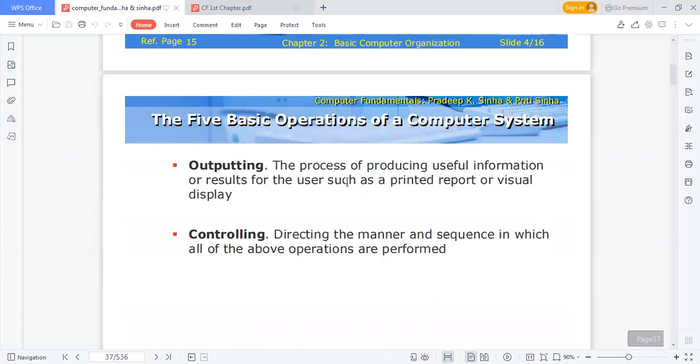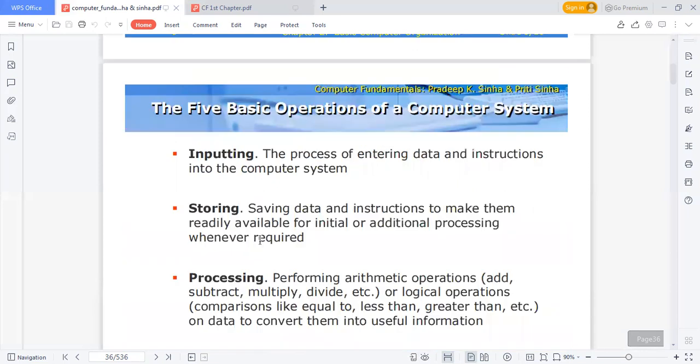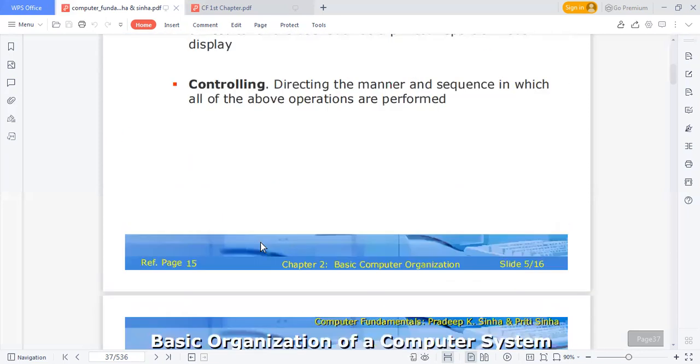Another, the fourth basic operation, is outputting: the process of producing useful information or results for the user, such as a printed report or visual display. Then we have to control. That means directing the manner and sequence, that means the program, in which all of the above operations are performed. After controlling, the five basic operations of a computer system are finished.